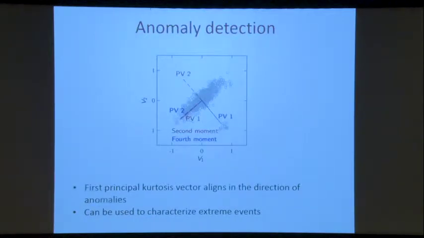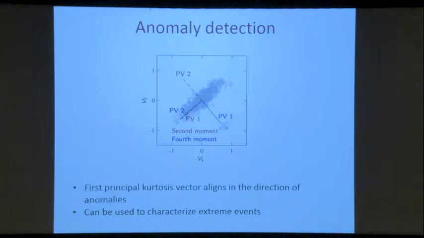So if we take that same synthetic data and we plot the principal kurtosis vector, PV1 shown in blue, I don't know why my pointer doesn't work. Well, oh, there it is for a second. There it is.